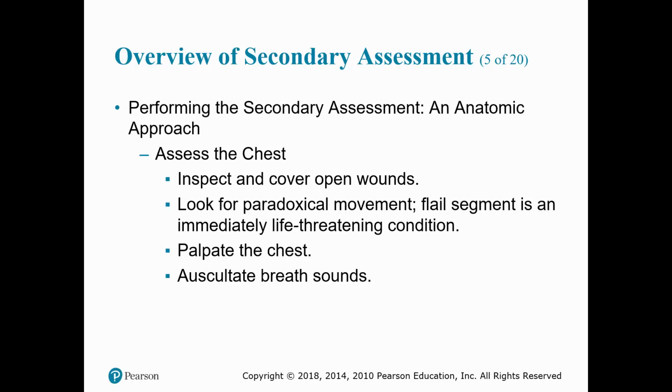And by intentionally breathing shallow, the patient is lowering their tidal volume and having inadequate ventilation. This can lead to the patient becoming hypoxic, particularly in elderly patients and those that have underlying lung disease. We want to palpate the chest as well and listen to breath sounds. Very good indicators for something that we can catch and address early on.